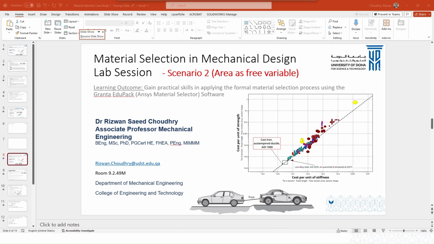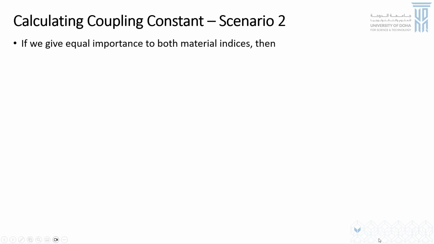So in this particular case, we will follow a similar procedure, and we will start by first thinking that, okay, let's give equal importance to both material indices and then see if we can improve our material selection or not. Now, in this particular case, we are giving equal importance to both material indices simply because we don't have any other basis to say otherwise. We have already increased the force in the dynamic case by the factor of safety for the strength calculation.